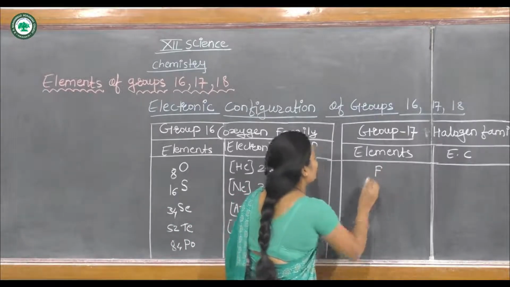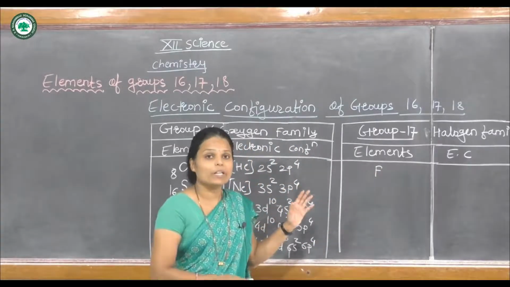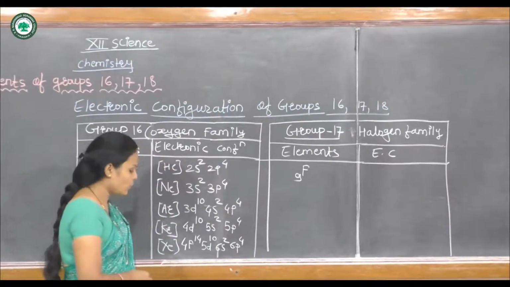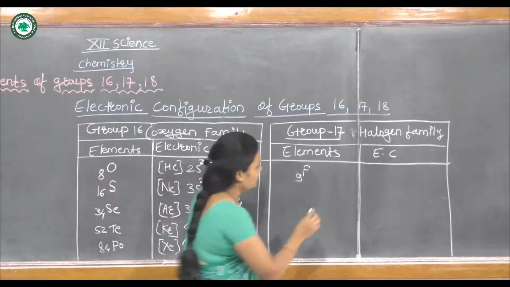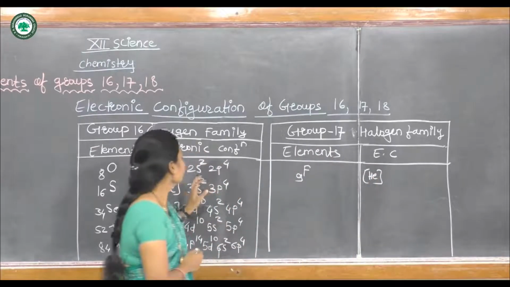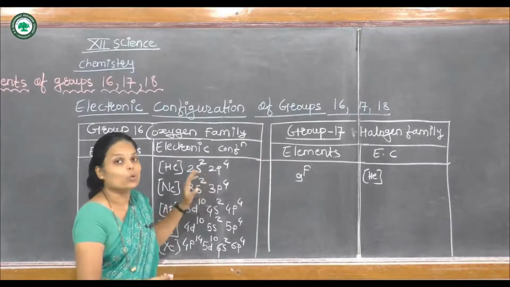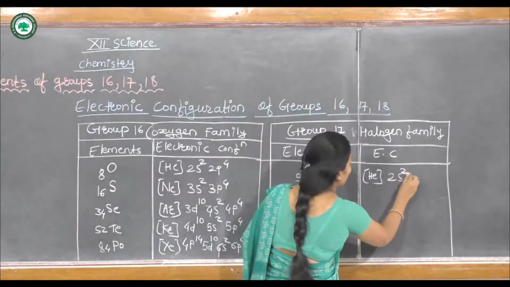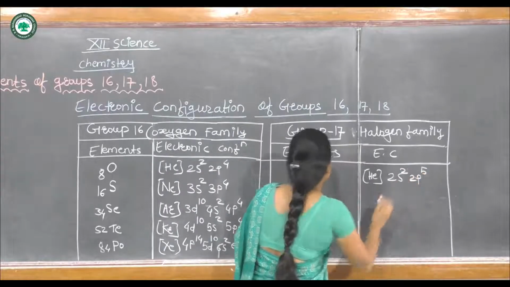The atomic number of fluorine is 9. Its electronic configuration is helium, 2s2 2p5.